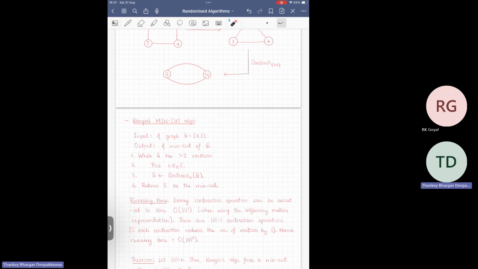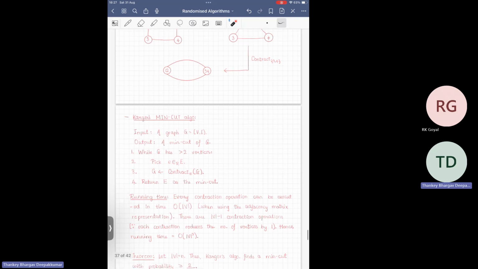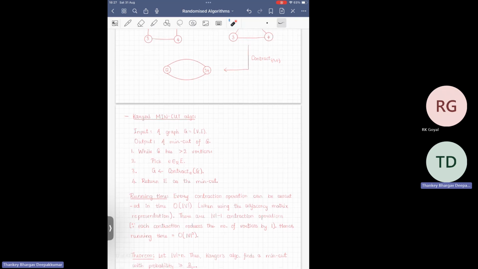Okay, I'll talk about that. But before that, let me give you a quick description of the algorithm. As long as there are at least three vertices, pick an edge at random, contract it, keep on doing this till you get exactly two vertices, and then report all the edges that you have as the min cut.